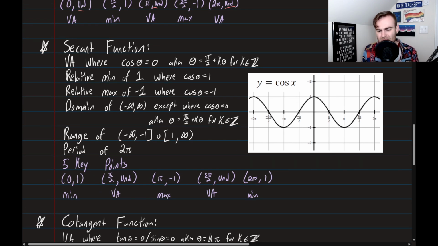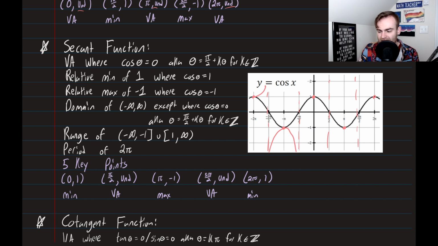So not too bad. Secant, well, not much different than cosecant, really. You're just doing it with cosine. So everywhere that cosine is 0, you have a vertical asymptote. Everywhere that cosine is 1, you have a minimum of 1. And everywhere that cosine is negative 1, you have a maximum of negative 1. And we get, again, these teeth-looking functions.